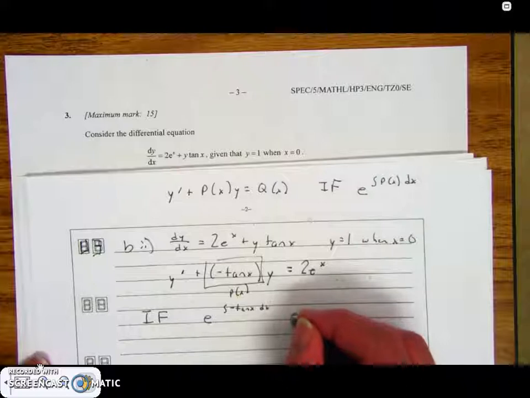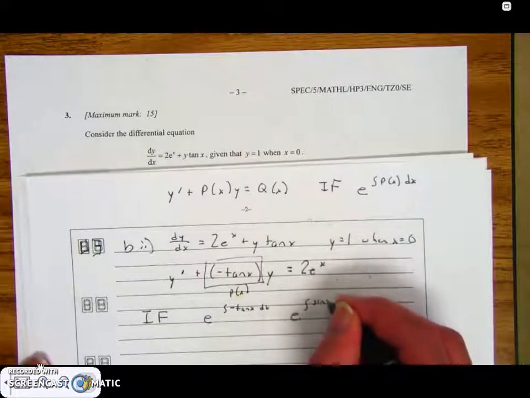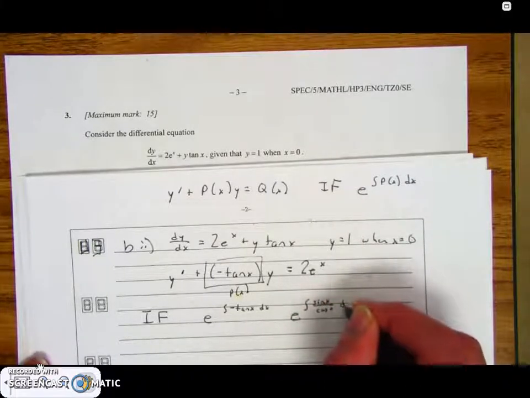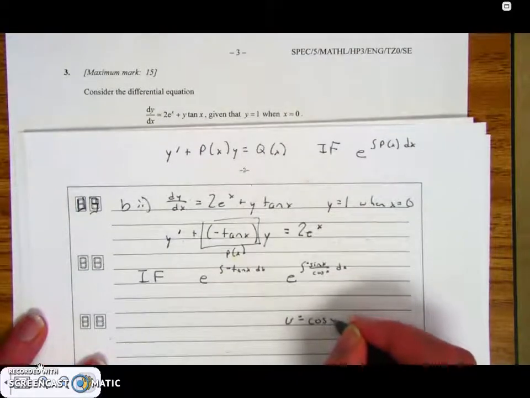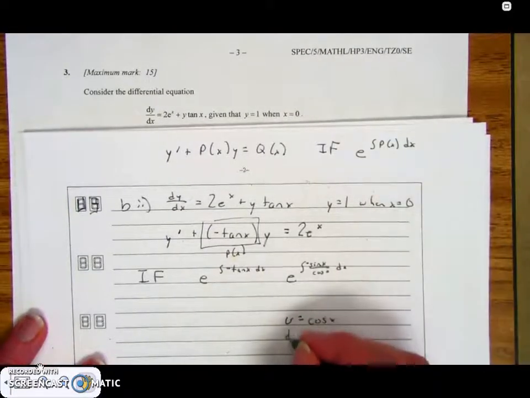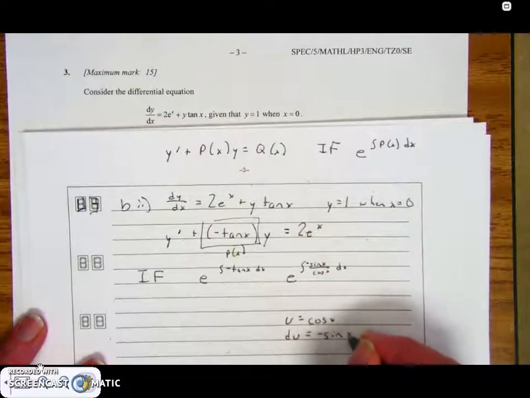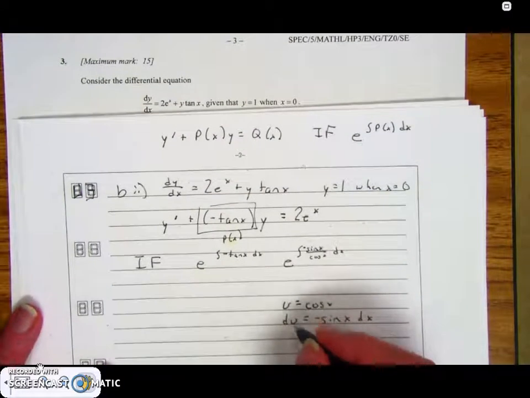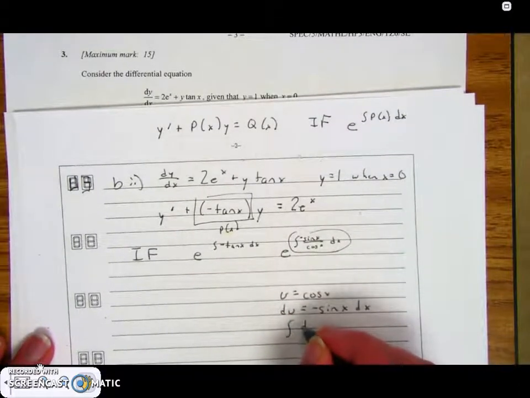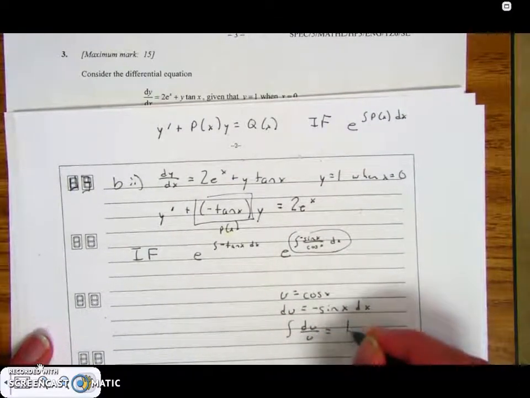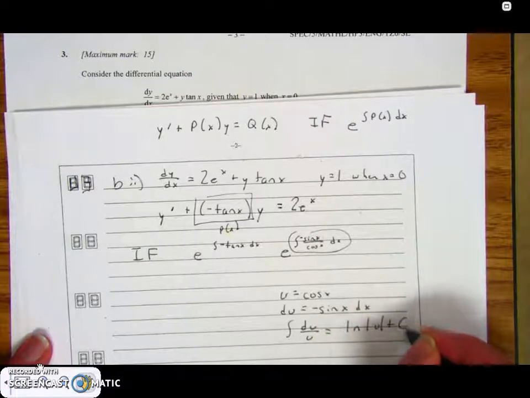To integrate tangent, you're going to want to change that to sine over cosine. And it's still negative. And this is basically one of your ln ones. You're using u as the denominator. This looks like du over u. du is negative sine x dx. So if I just look at this part, that's the integral of du over u, which is the ln of the absolute value of u.